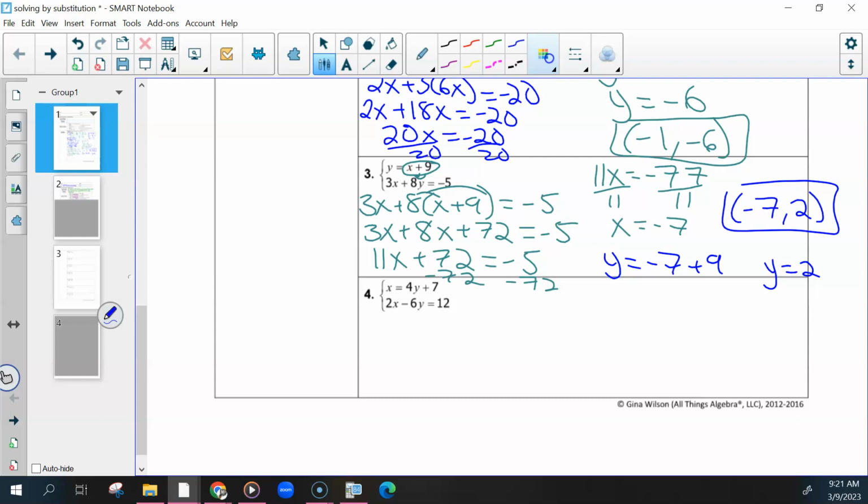Number 4, do we have an equation that solves for x or for y? Yeah. Which one? The first one solves for x. It's not solved for y, but that's okay, as long as it's solved for one of them. So then, where would I put this?